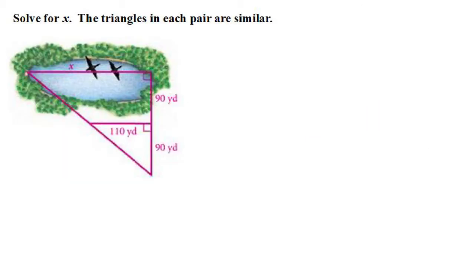In the next example, we can see that we first need to determine the side length of the big triangle, which is labeled as x, and that corresponds to the side length of 110. I also have this other side length.